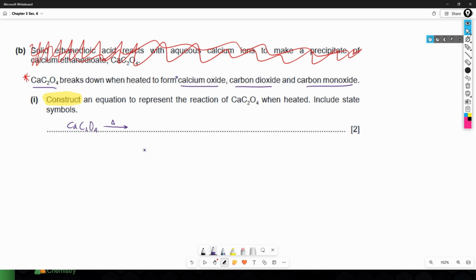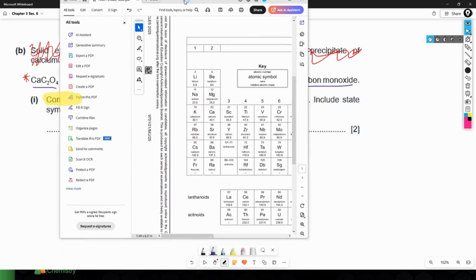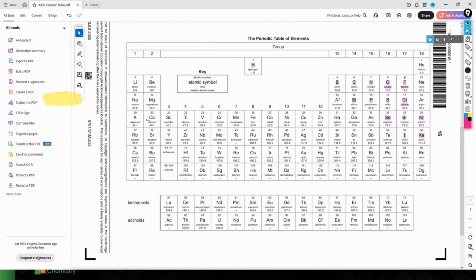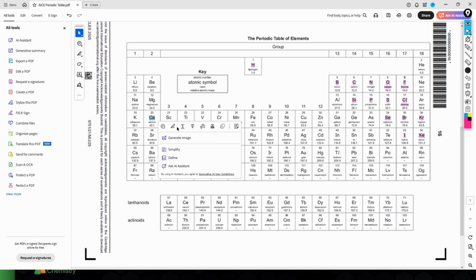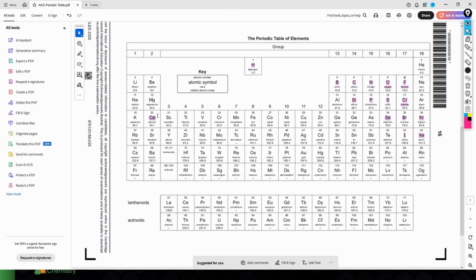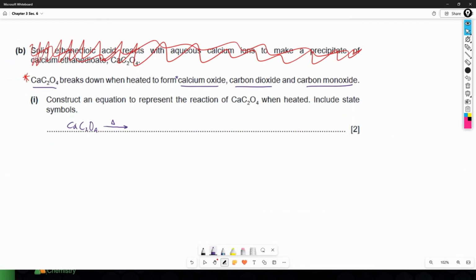So calcium, and I'm going to bring over my periodic table. Calcium being in group 2 is going to have a 2+ charge. Calcium is right here, and it has a 2+ charge because it's in group 2. So we have the ion of calcium, which is Ca2+.